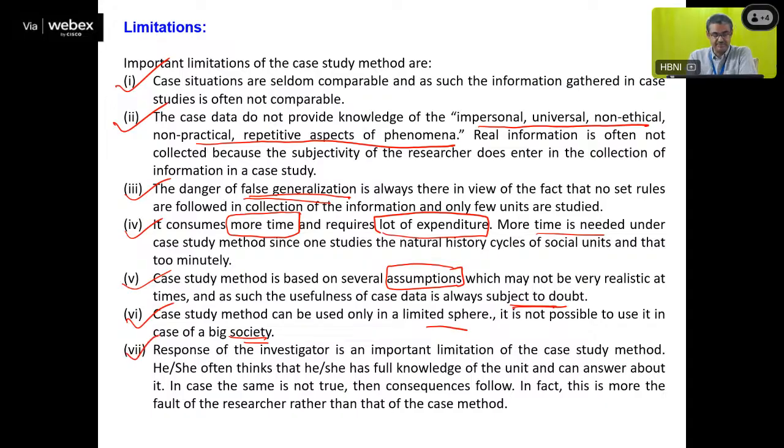The response of the investigator is an important limitation of the case study method. She often thinks that she has full knowledge of the unit and can answer about it. In case the same is not true, then consequences follow.